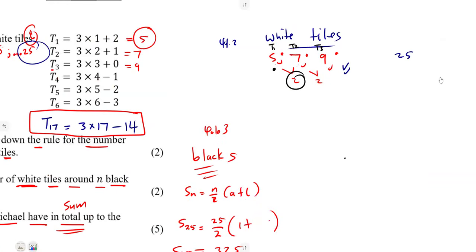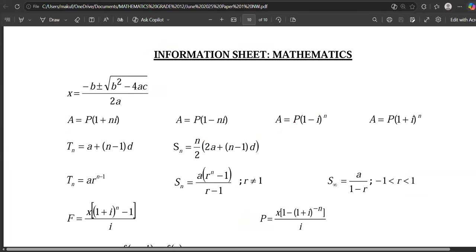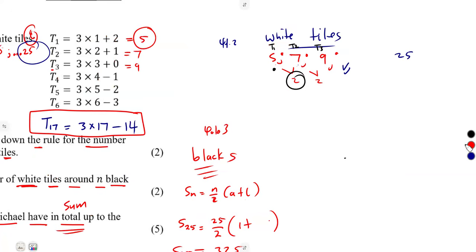Yes, you can do that up to the last, but it will be easier for you to just use this formula, the sum of terms of an arithmetic in that manner. It will be easier. All right. So for white tiles, we need their sum of terms. So their Sn is going to be n over 2, 2a plus n minus 1 times d. That will be the easier one.